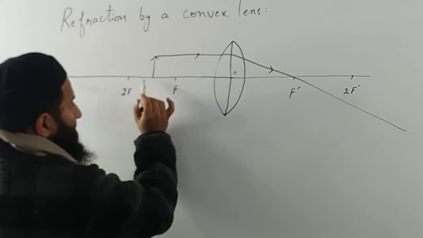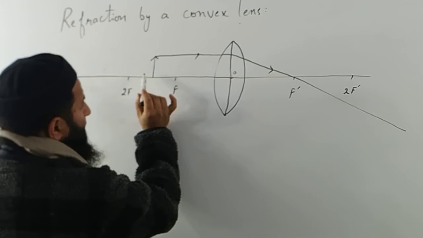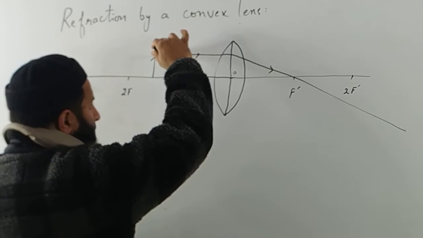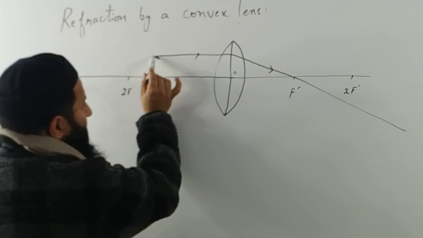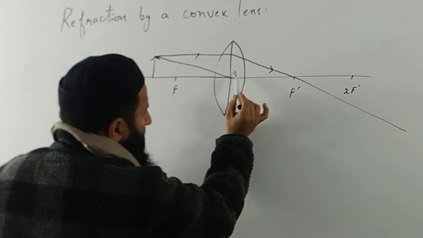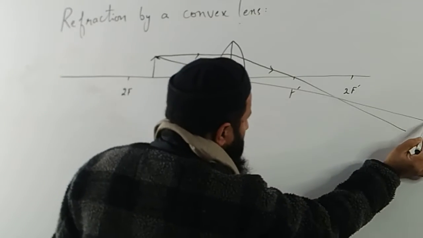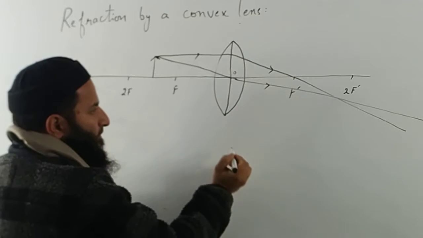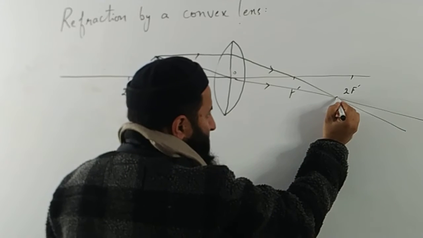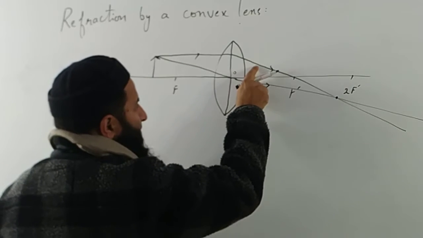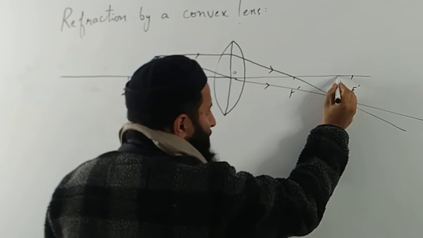Next, the light ray which passes through the optical center does not change its path. This is the point where the refracted rays intersect. So the image is formed here.